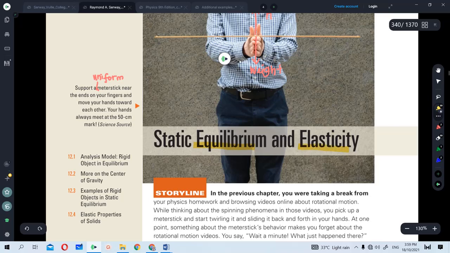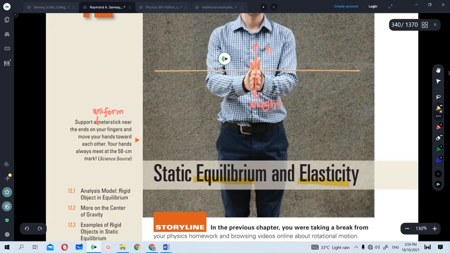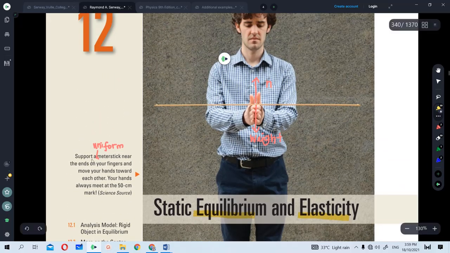So here given in the picture, if you have a uniform meter stick, then you will find that the whole weight will be supported at the center, where it says here the 50 centimeter marking.